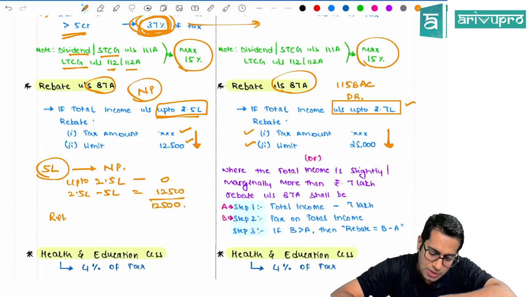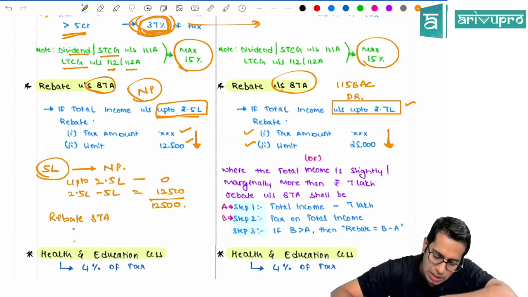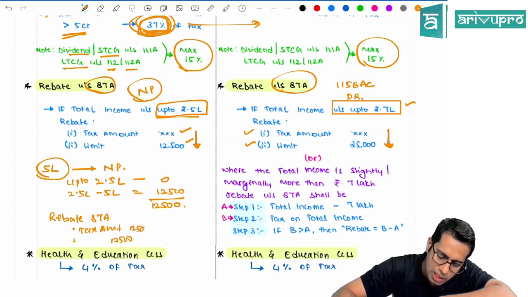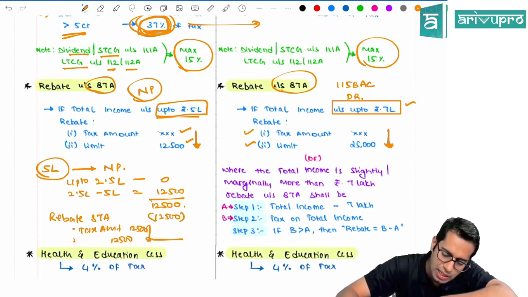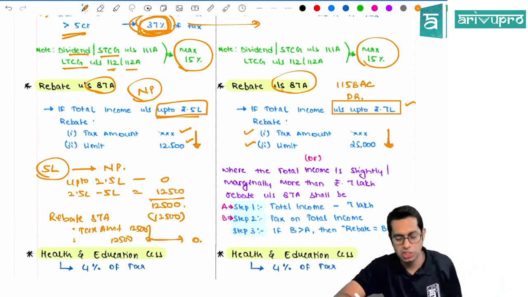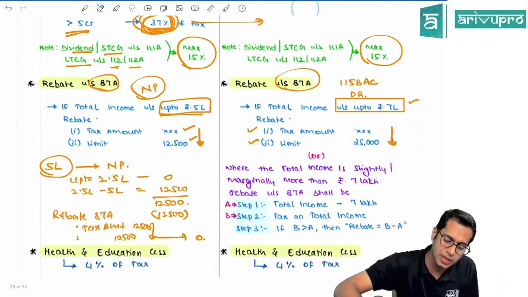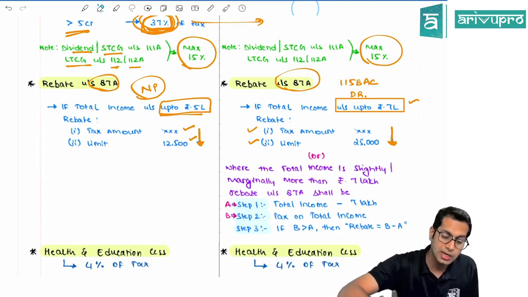Now, because his income is not more than 5 lakh rupees, he'll get a rebate under section 87A. How much? Tax amount or 12,500, whichever is less. Here the tax amount and the limit are the same, so he'll get a rebate of 12,500. So the tax which he has to pay is 0. This is under normal provision.